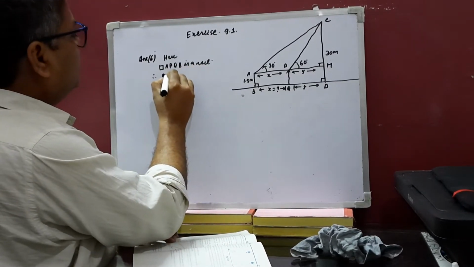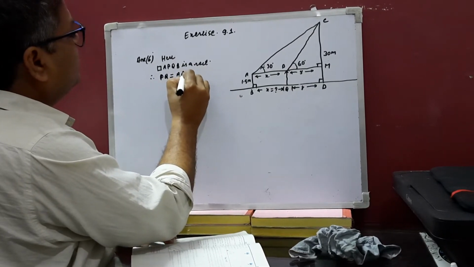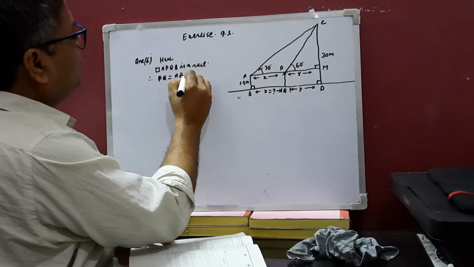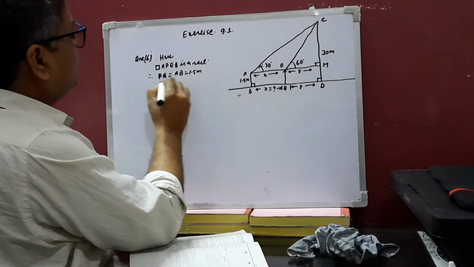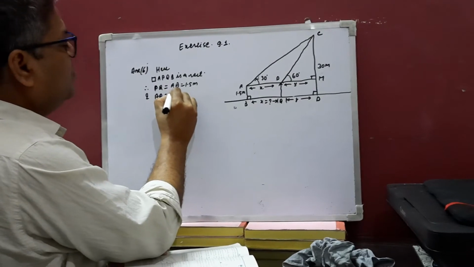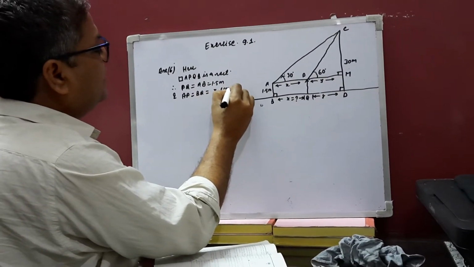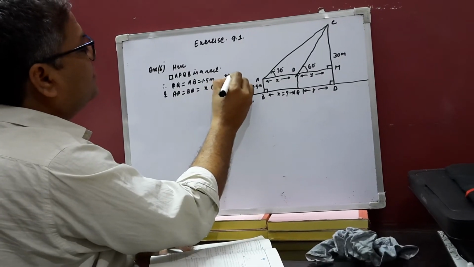Therefore PQ is equal to AB. AB is equal to 1.5 meter and AP is equal to BQ is equal to X. Here write C. This is given.